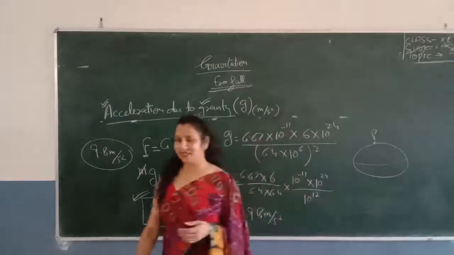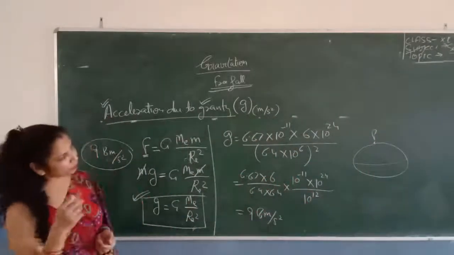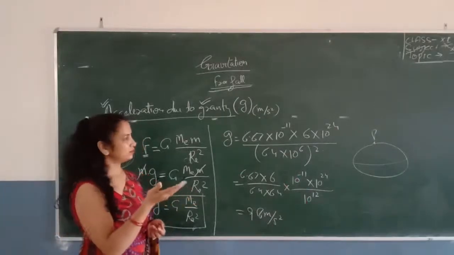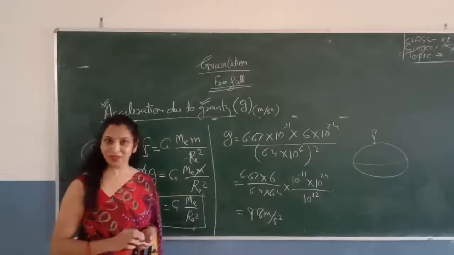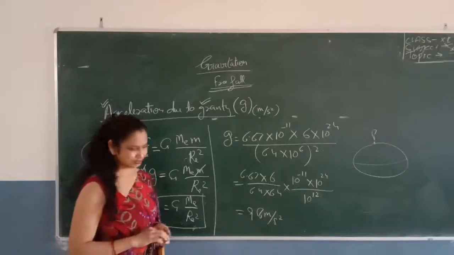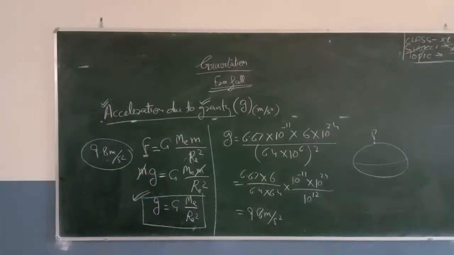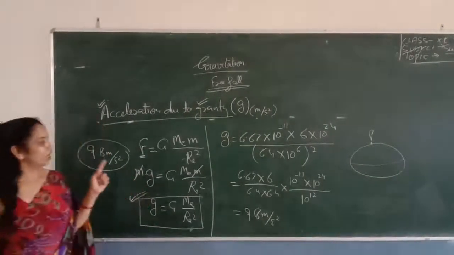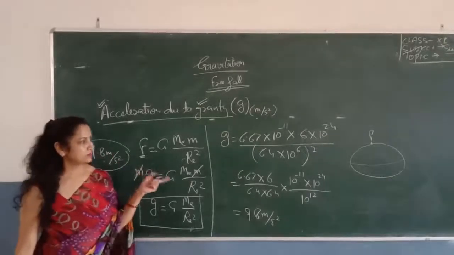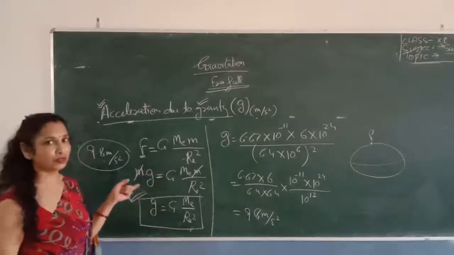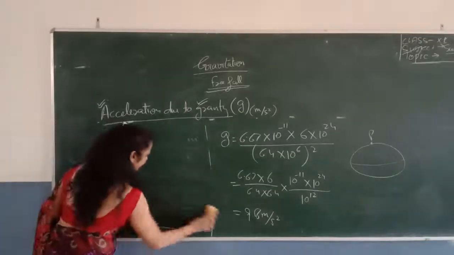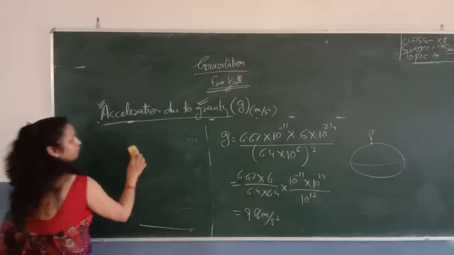So is the acceleration due to gravity on the pole and on the equatorial line the same? So let's discuss it. Okay, you can write all these things in your notebook. You can pause this video for writing answers.